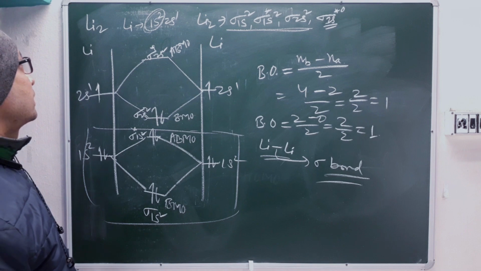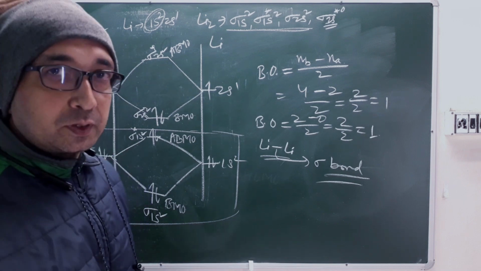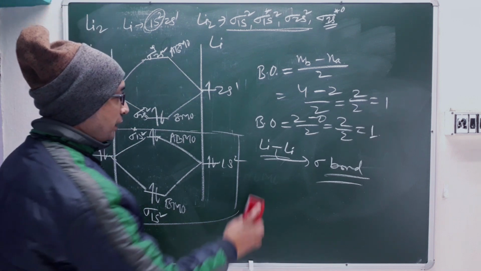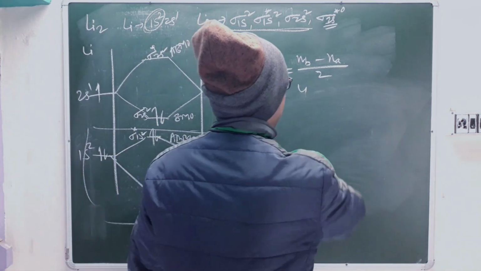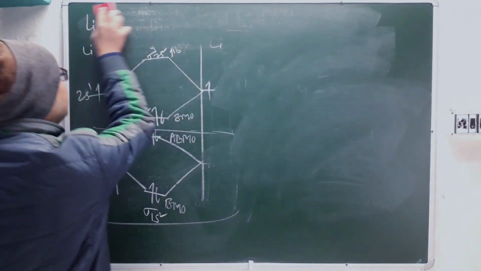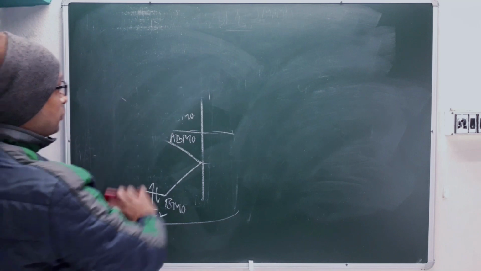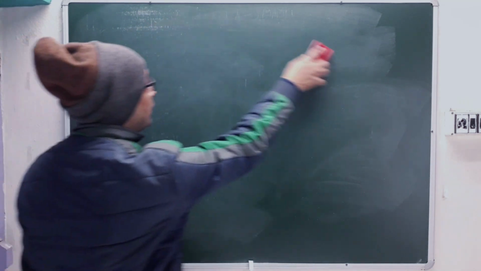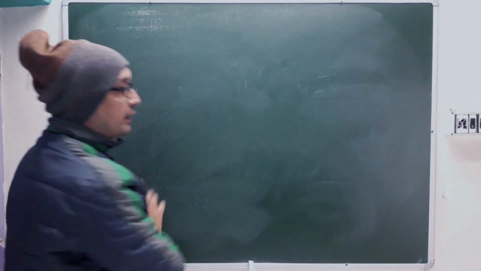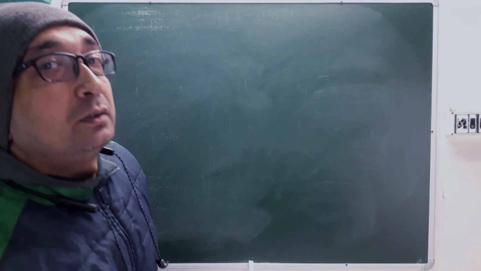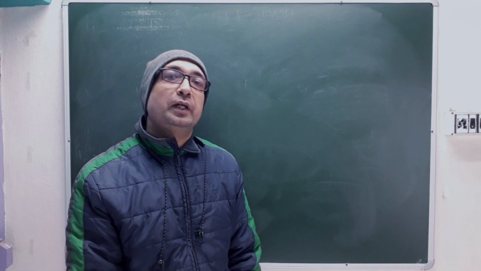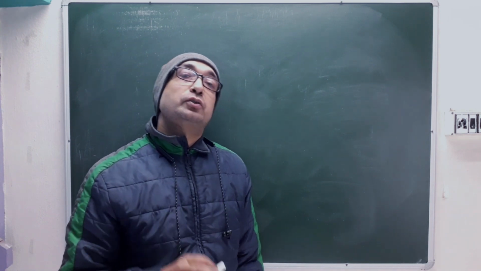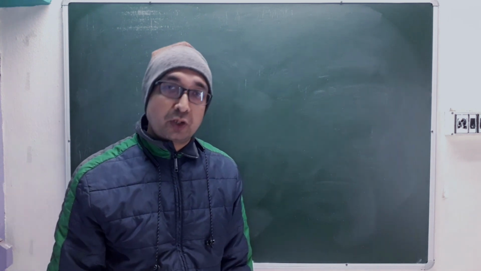So after lithium, we'll do it for beryllium. Okay, let's see. Today time is not permitting, next time we will discuss the problems, okay? In 2019, I guess 4 or 5 questions they have asked based on molecular diagram, and in 2022 also they have asked 2 or 3 questions based on molecular diagram, right?